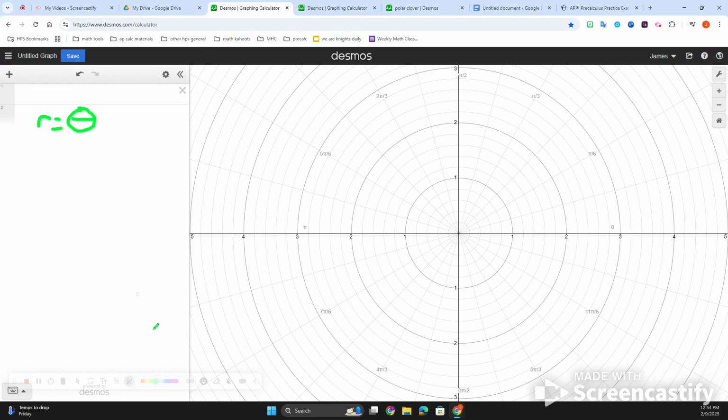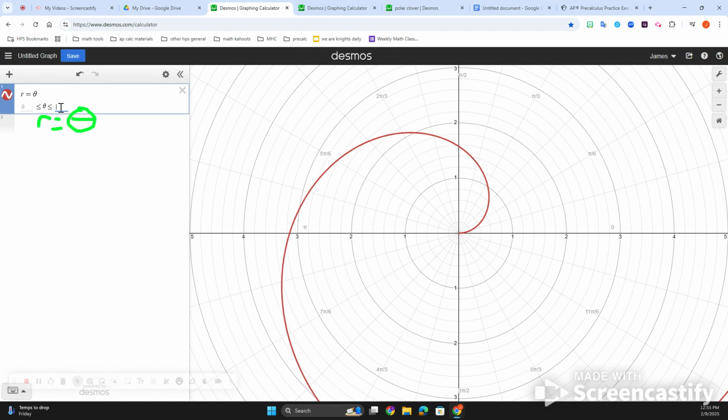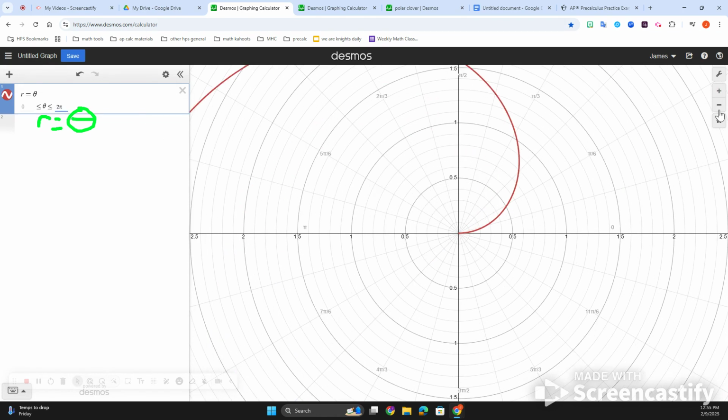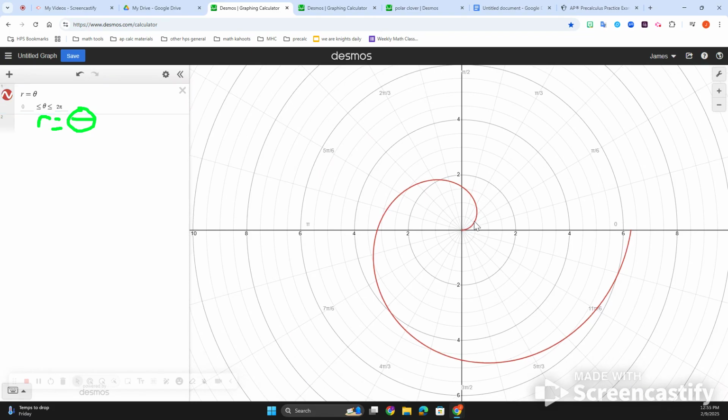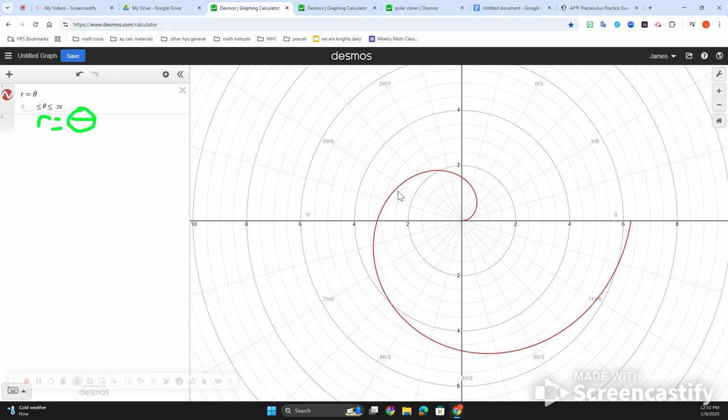So if I had r equals theta, let's actually just graph that. If I take that out just to 2 pi, you can see as my angle of rotation increases, my distance away from 0 increases.